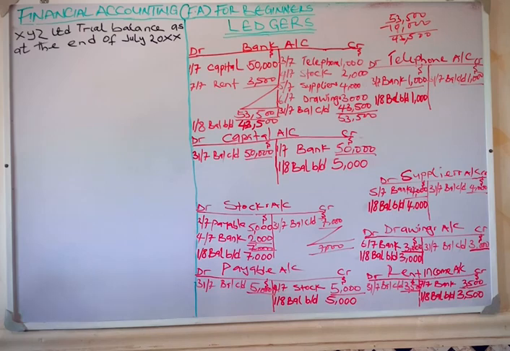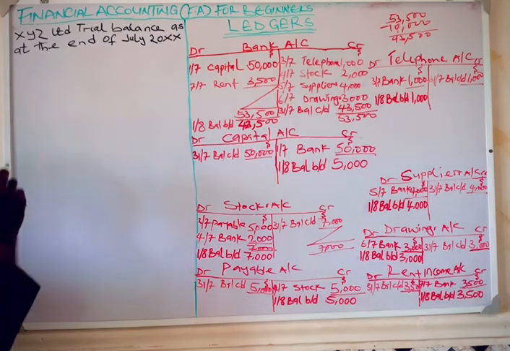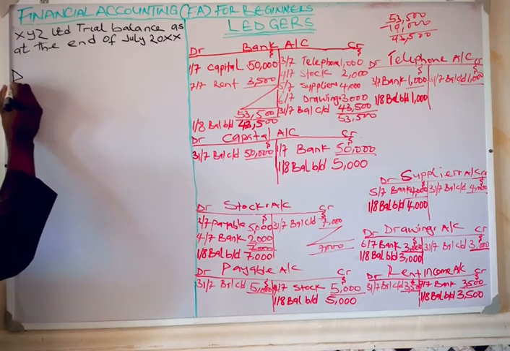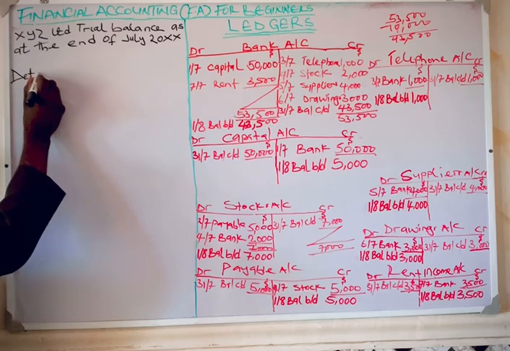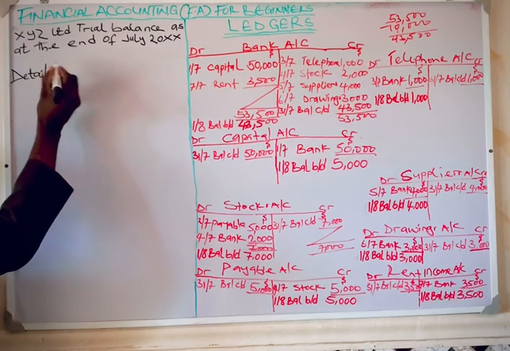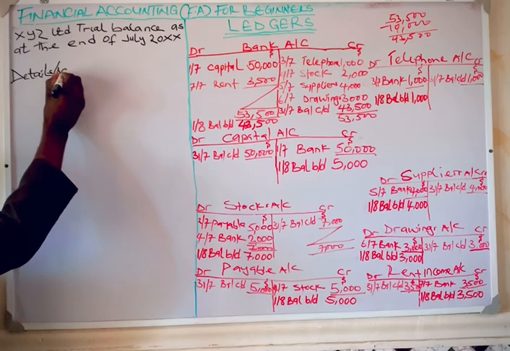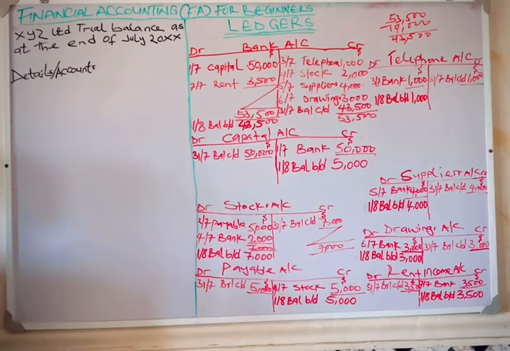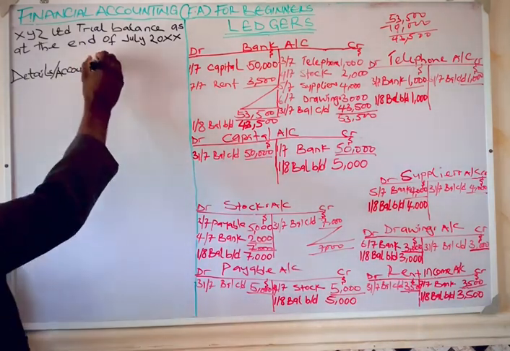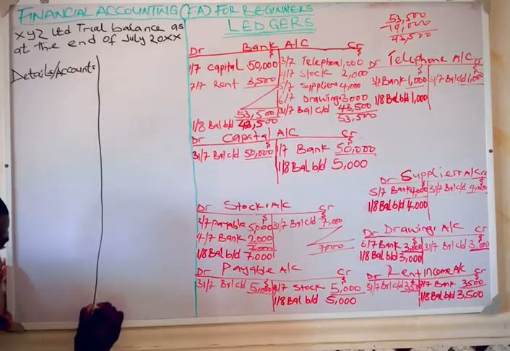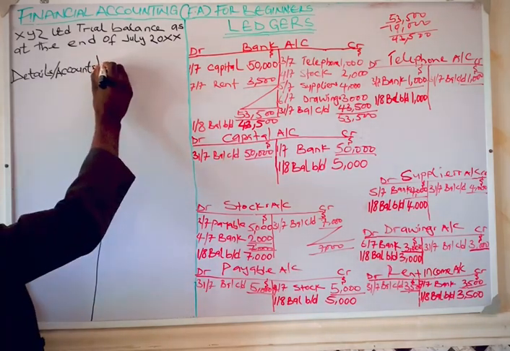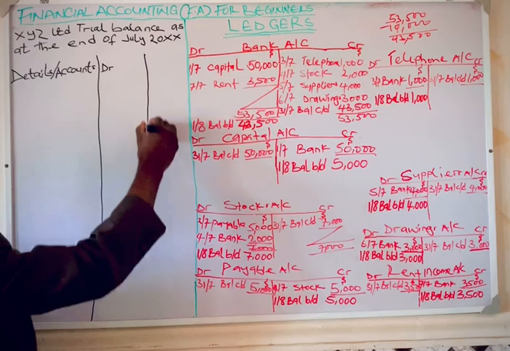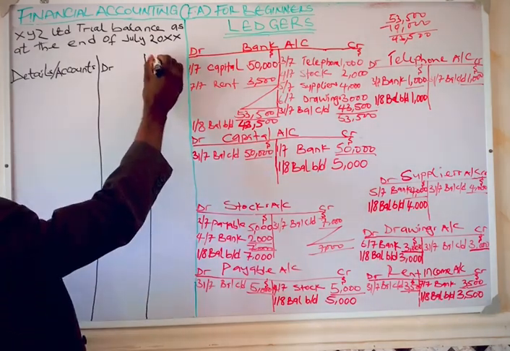So now let's look at the format of the trial balance. We start with the details, that is, details of the accounts, and we rule it. Then here is our debit, as I said in the introduction, and here is our credit side.